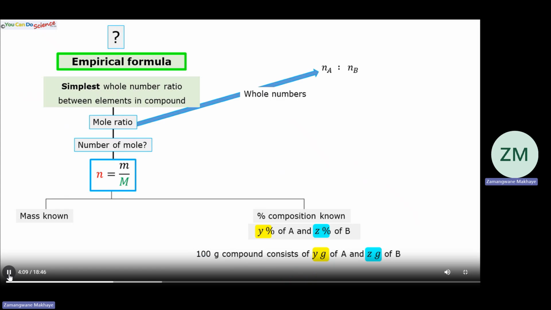Remember, the mole ratios are always whole numbers. Now divide all the mole quantities by the smallest number of mole, ensuring that the mole ratios are whole numbers. These whole number mole ratios are then written as a subscript next to each element in the empirical formula.